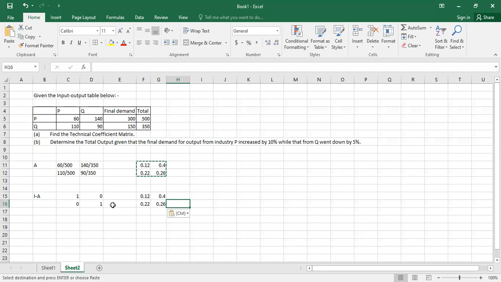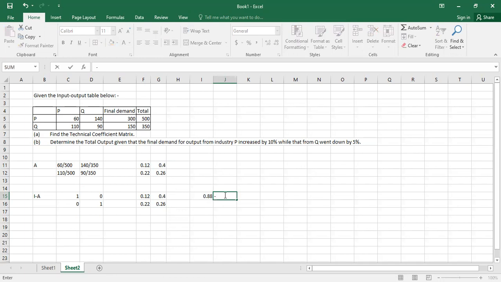This 1 minus this, the plus and the subtraction rule. We just subtract the corresponding side. What is 1 minus 0.12? 0.88. The second one, 0 minus negative 0.4.